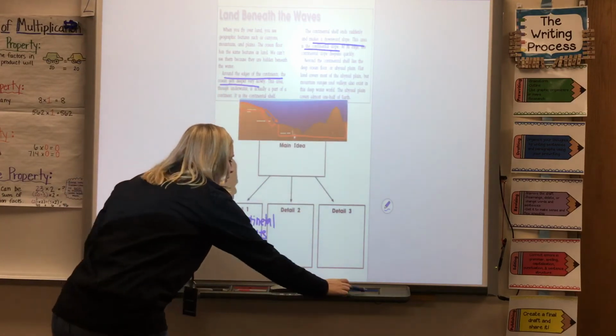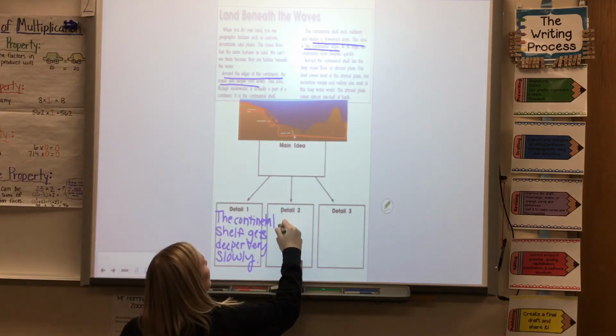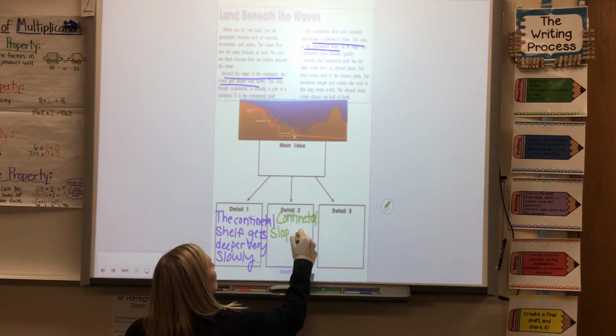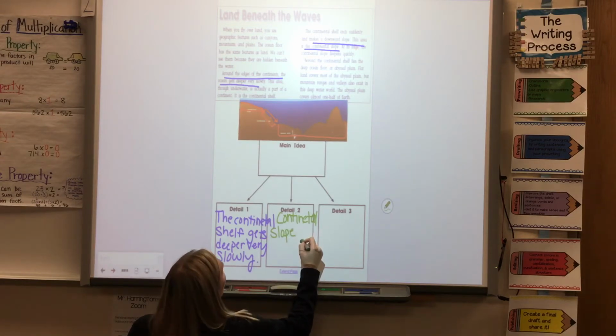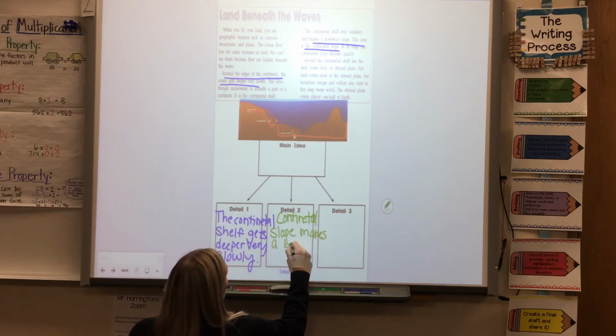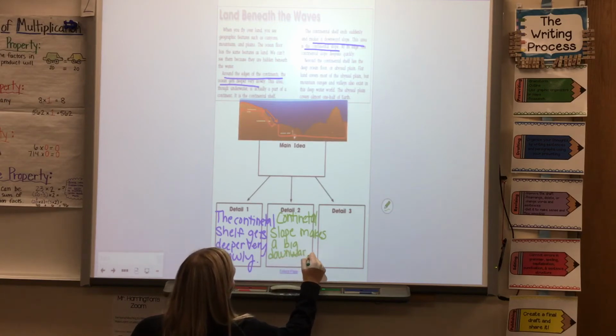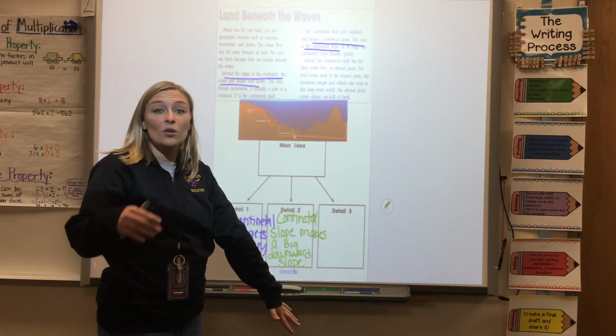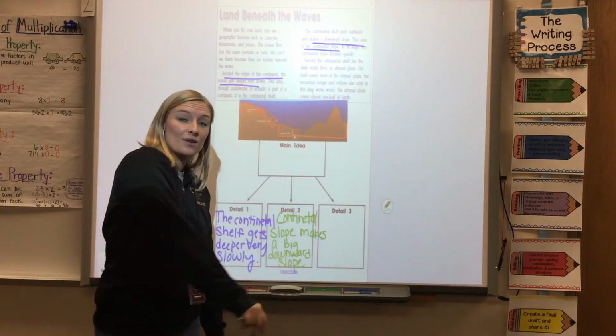So for my detail 2, I'm going to say the continental slope makes a big downward slope. So that's where it goes down really fast, kind of like if you're in a pool and all of a sudden you hit that angle where it goes right down to the deep end.